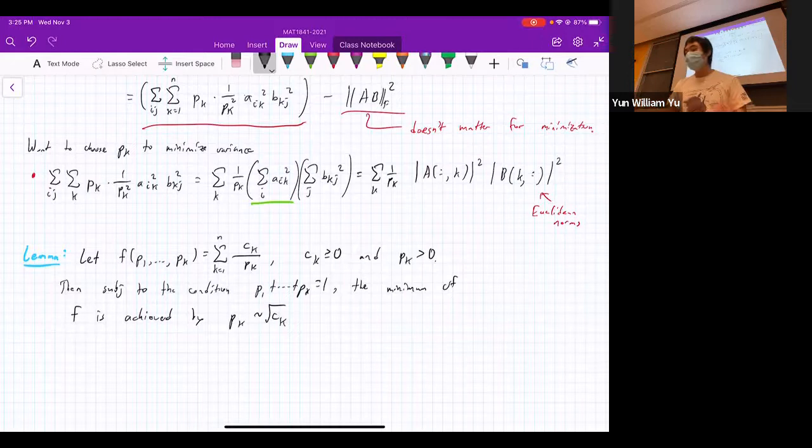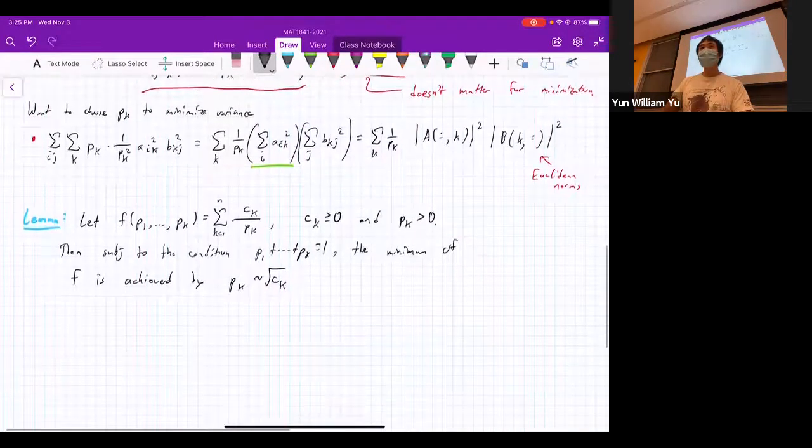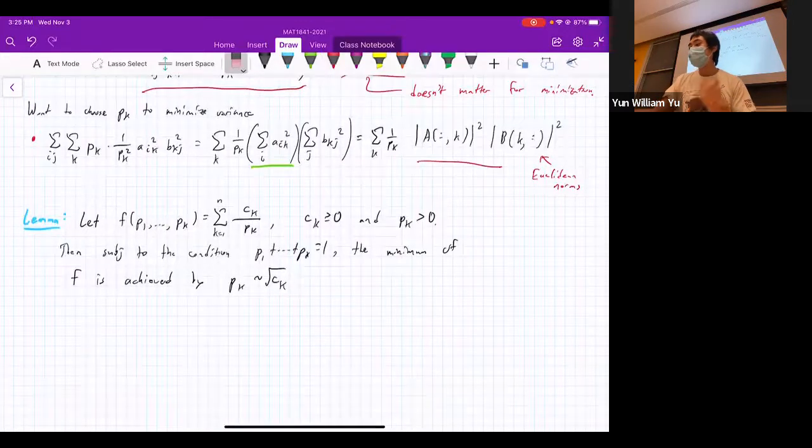So the statement is basically that in order to minimize this function f, you need each of your pk values to be proportional to the root of each of these ck values. And we'll apply this in a moment, and we'll see that basically that tells us how we ought to choose our probabilities. Excuse me, sorry.